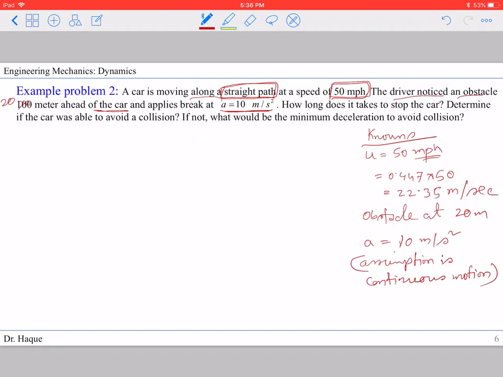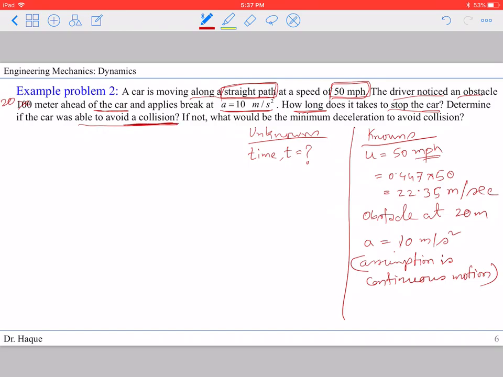So what are the unknowns? The unknowns are: how long, meaning time, does it take to stop the car. So time t to stop the car. Then, determine if the car was able to avoid collision.